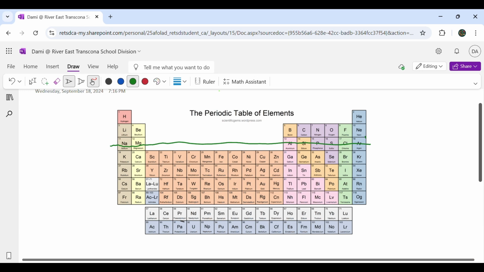Okay, let's talk about metals. First off, I am going to draw a staircase because this will help us out.